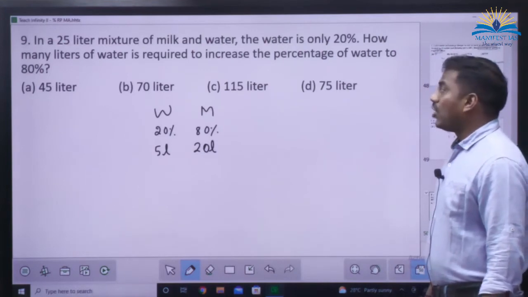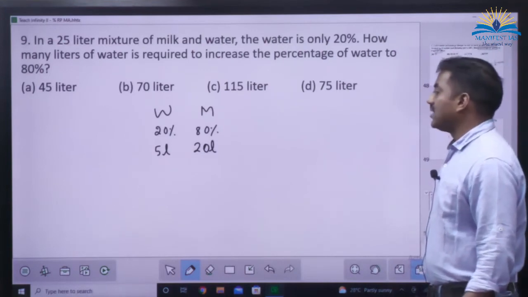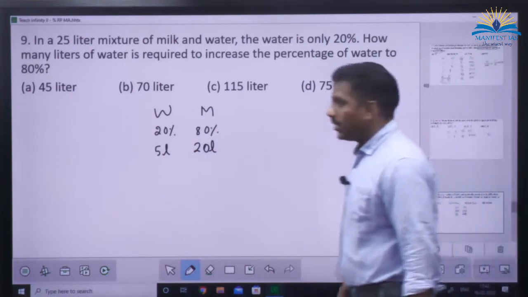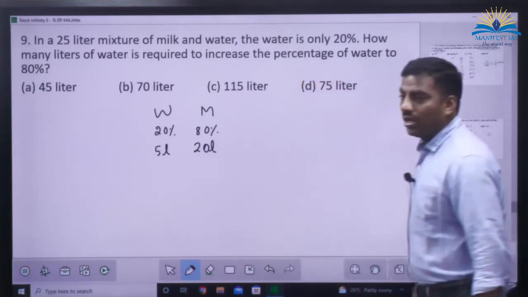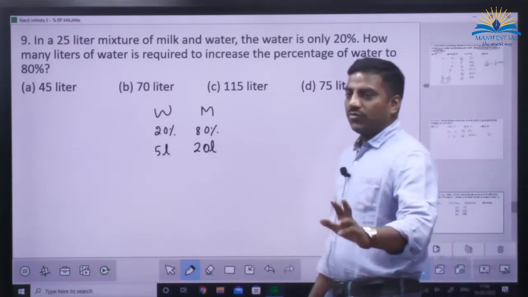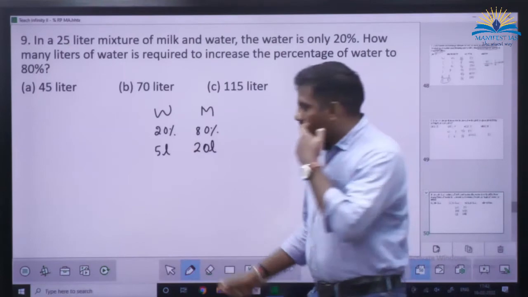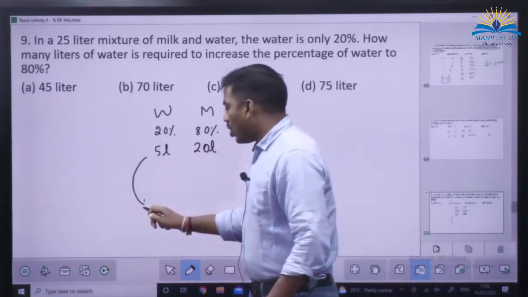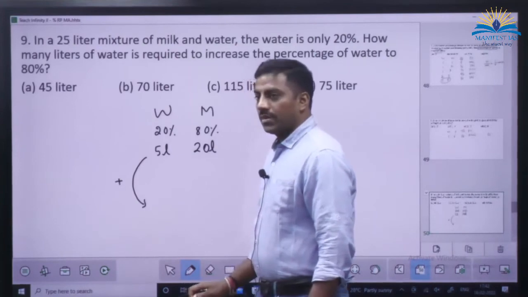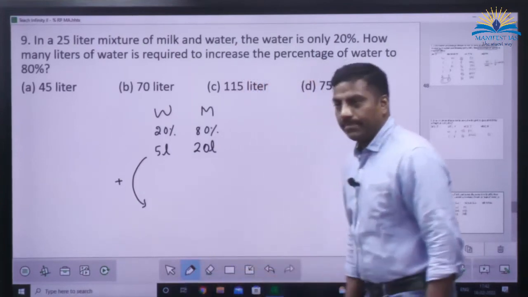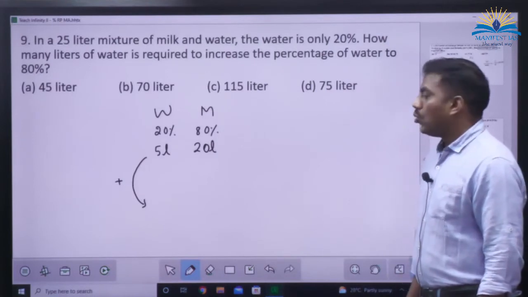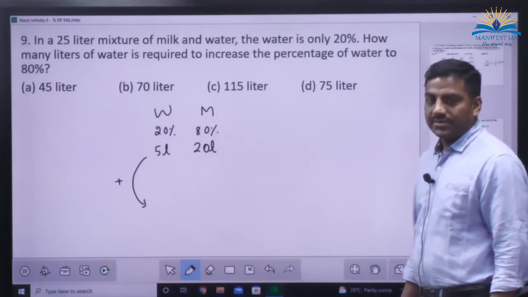How many liters of water is required to increase the percentage of water to 80%? Now, we are adding what? More water. That means we are not touching the milk. We are adding more water so that the amount of water should become 80%.